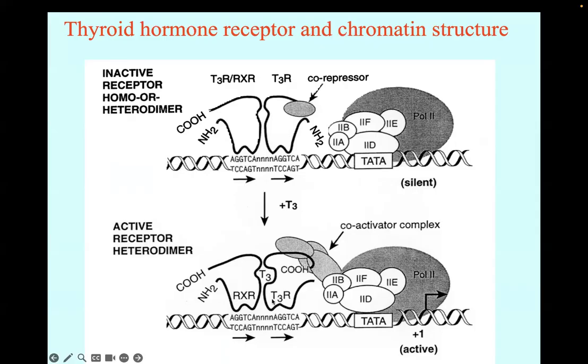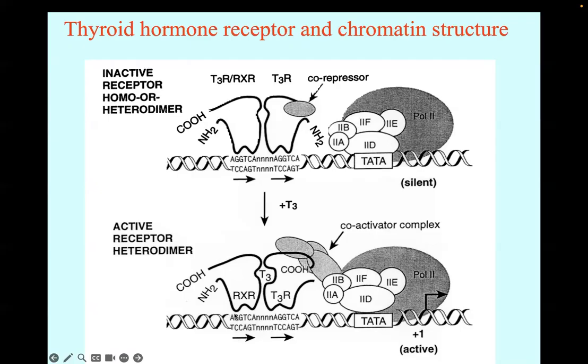And then the receptor, the heterodimer, can bind transcription factors and attract RNA polymerase II, and then begin transcription from the TATA box. And you see, this is very different already from the steroid hormone. Another difference is that the response element is not palindromic.